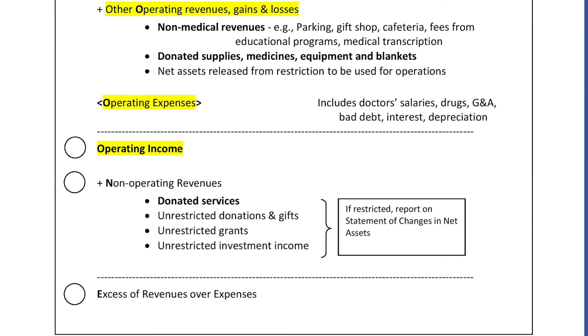Then we've got non-operating revenues, which gets us to excess of revenues over expenses.